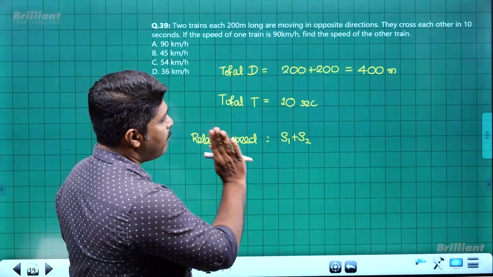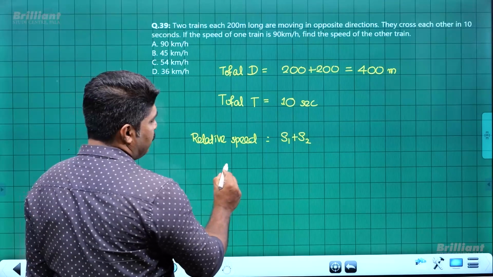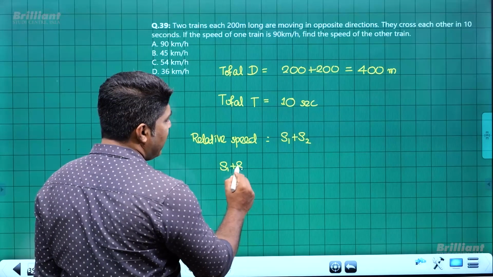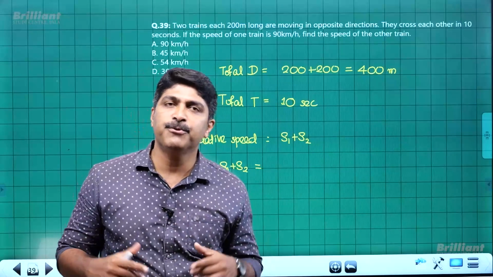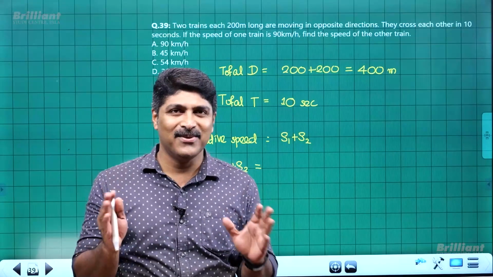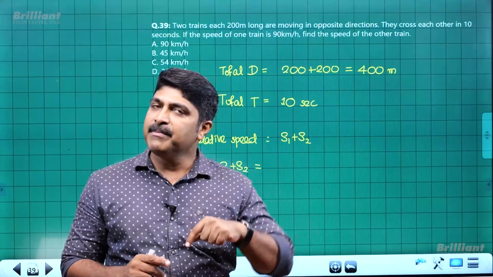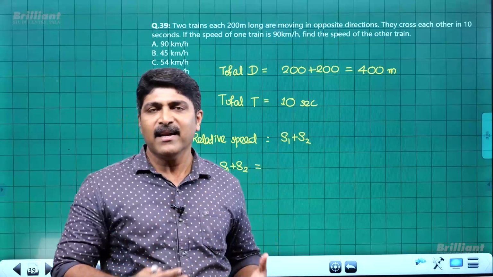Why is it plus? Because both are in opposite directions. If two moving bodies are in opposite directions, relative speed is the sum of their individual speeds. Instead, if two moving bodies are in the same direction, relative speed is the difference between their individual speeds.